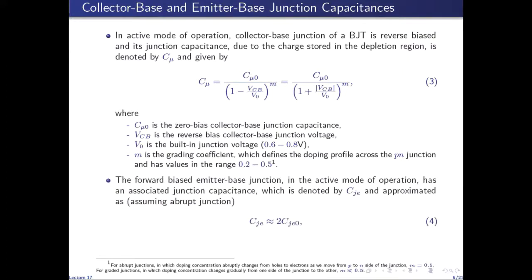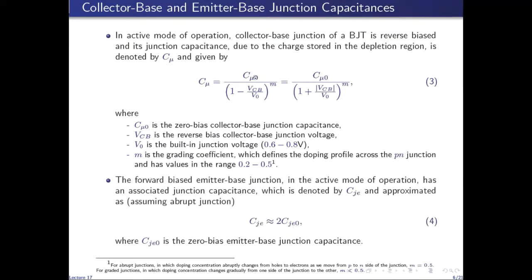The junction capacitance associated with the forward biased emitter base junction is denoted by C subscript JE and is approximated, under the assumption of an abrupt emitter base junction, by twice CJE naught, where CJE naught is the zero bias emitter base junction capacitance.